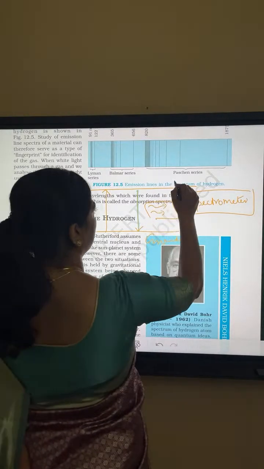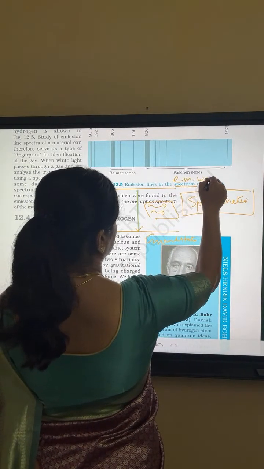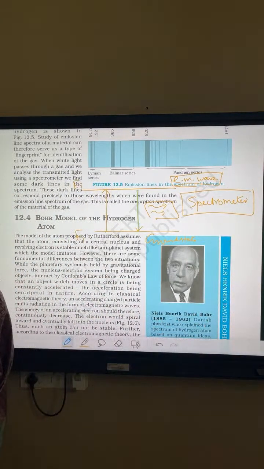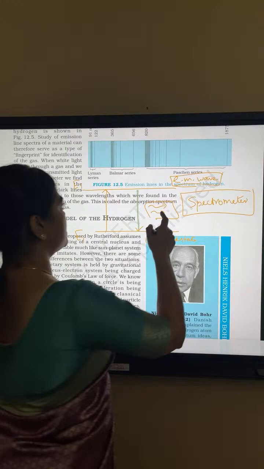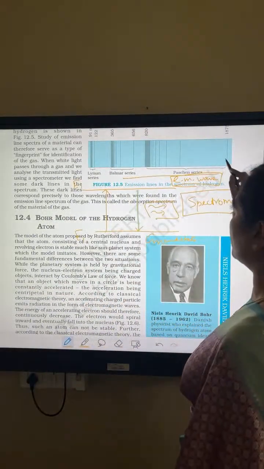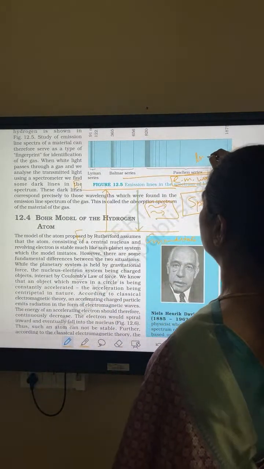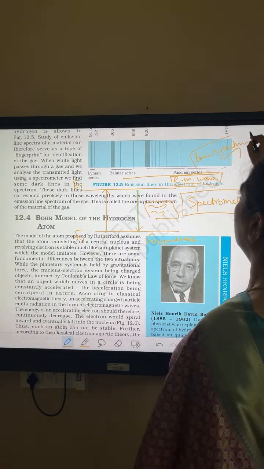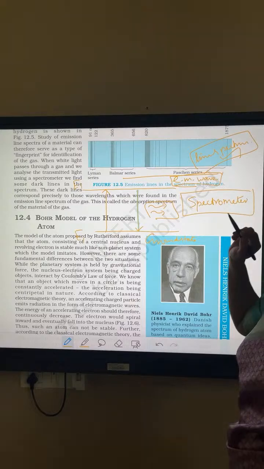A spectrum is nothing but an electromagnetic wave. For a hydrogen atom, this is said to be the spectrum of the hydrogen atom. It is known as a line spectrum. There are different spectra available, which we can see through the spectrometer.